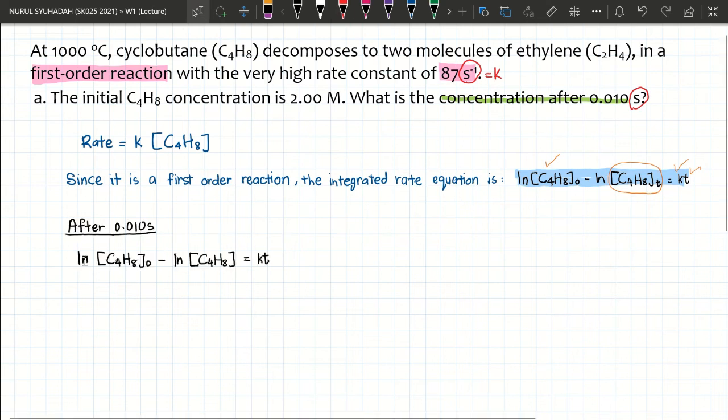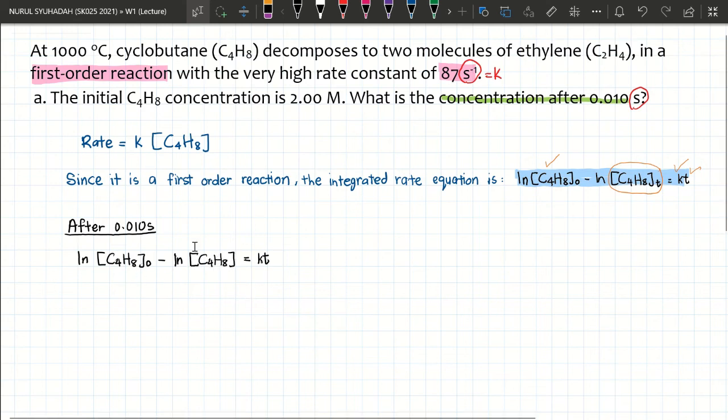This is the equation again that we're going to use. Please make sure when you are writing down the equation, like I mentioned earlier, you change the reactants here. The one that we did for the general equation is A: ln A naught minus ln A t equals kt. When you are answering a certain question and the reactant is given to you, substitute the reactant here.